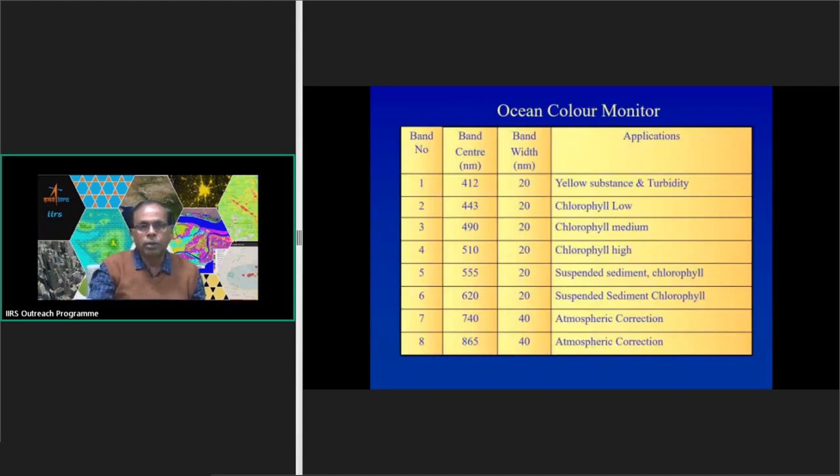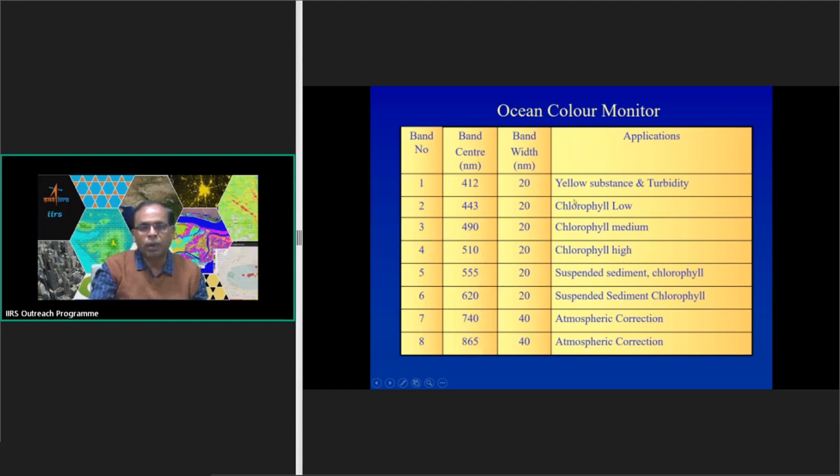And coming to the ocean color sensor, in OceanSat-2 we have the Ocean Color Monitor, and we have 8 bands, and these are the band centers, starting from 412, 443, 490, 510 and 555, 620, 740, 865 nanometer.